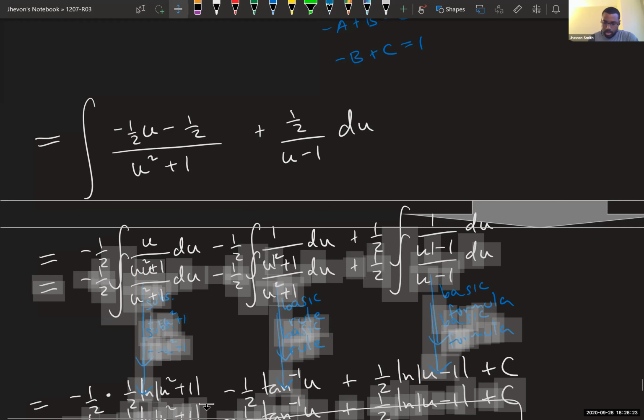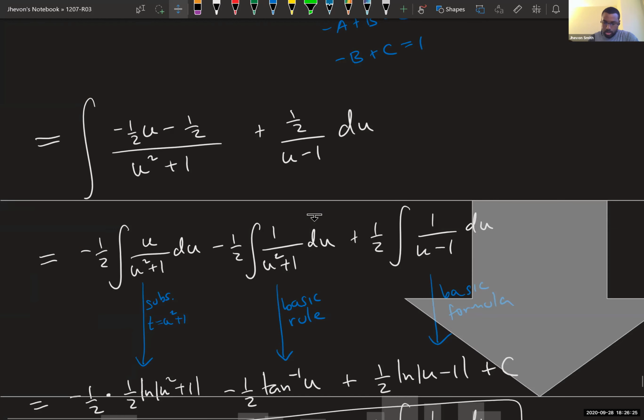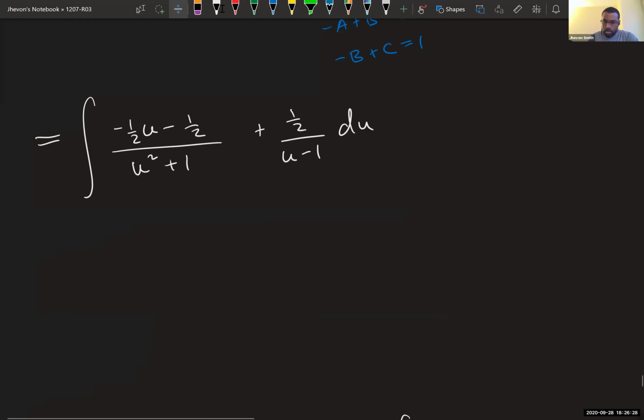Let's make some space here. All right, so what we did was the minus 1/2 is a common factor, right? So if you factor out the minus 1/2, you'd have (u plus 1) over (u squared plus 1). And over here, we'd have this. Now I realize that this is a new integral, so I go through my process again.